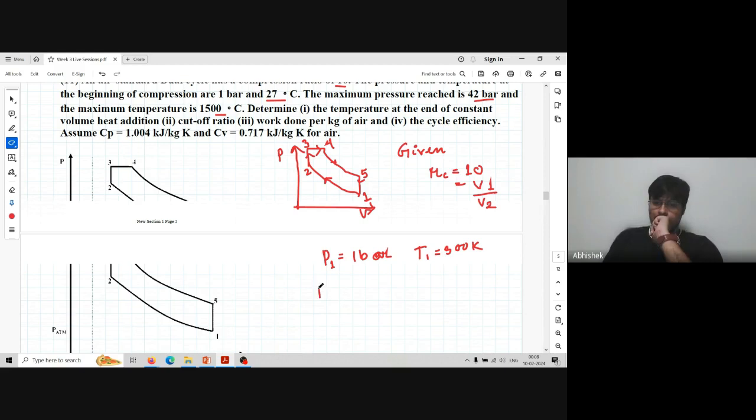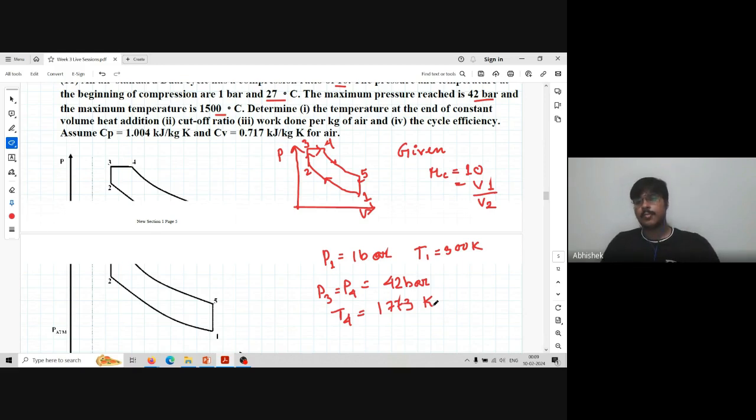So P3 is equal to P4, which is 42 bar. Where is the maximum temperature? T4. Yeah, correct. So T4 is 1500 degrees Celsius. Always mention in Kelvin. So it is 1773 Kelvin. Okay, this much is given.